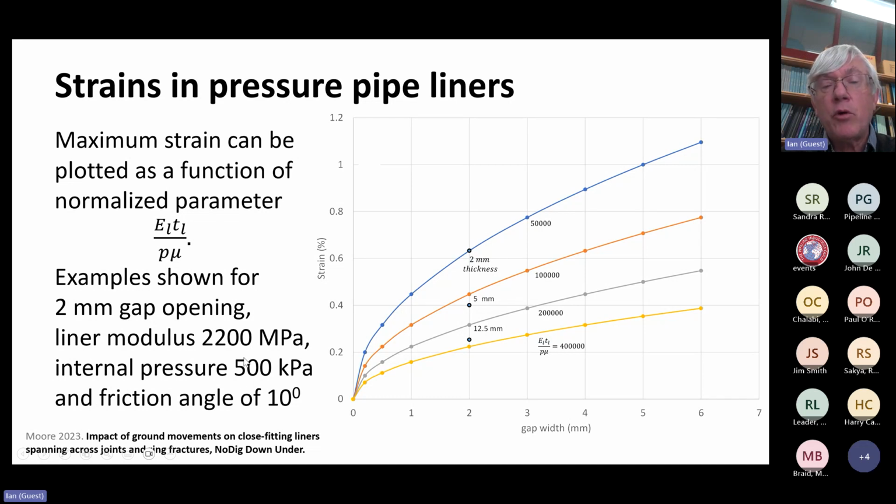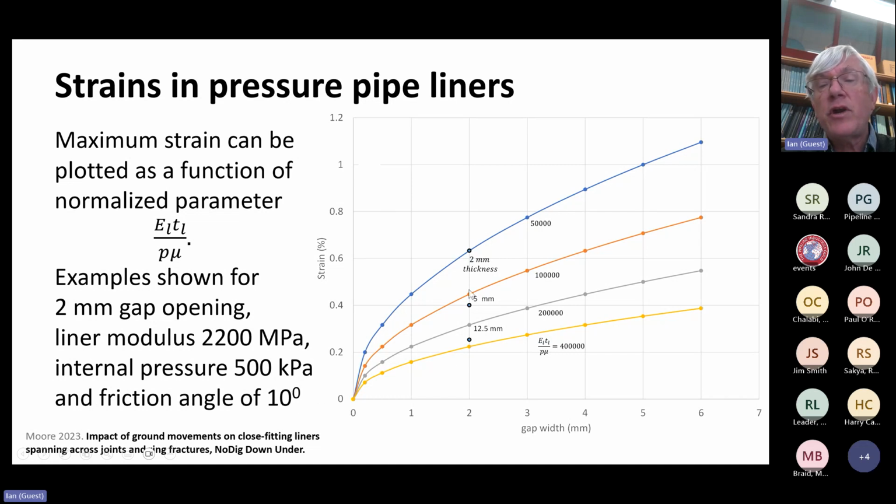Let's say a typical water pressure system in Canada would be running at about 500 kilopascals. It's about 70 psi, depending on which units you're using here in England. And for a typical friction angle, the calculations assume 10 degrees of friction angle between the two systems.